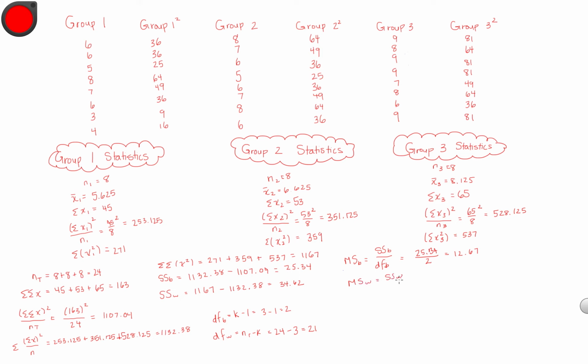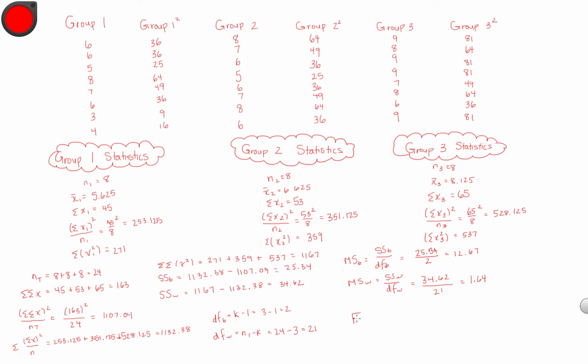And for MS within, we have SS within divided by degrees of freedom within, which comes out to 34.62 divided by 21, or 1.64. Congratulations, you're down to your last formula here.